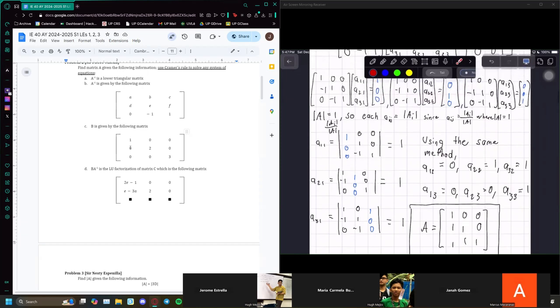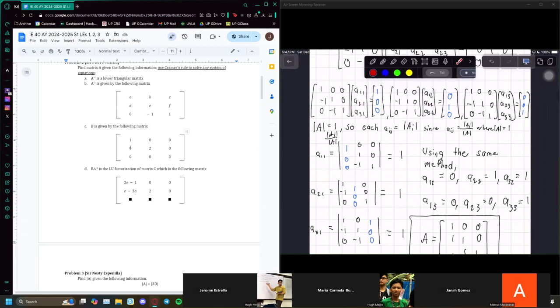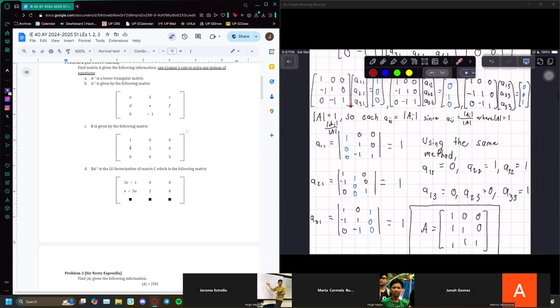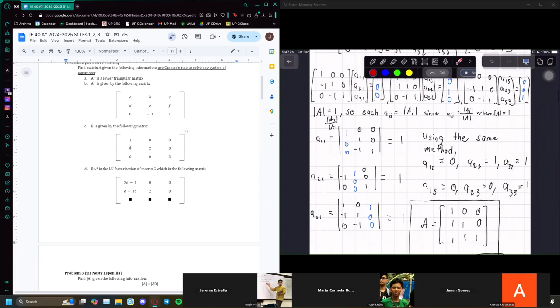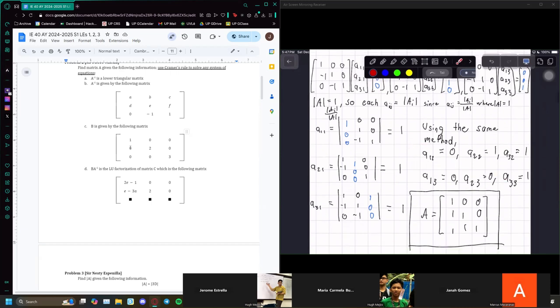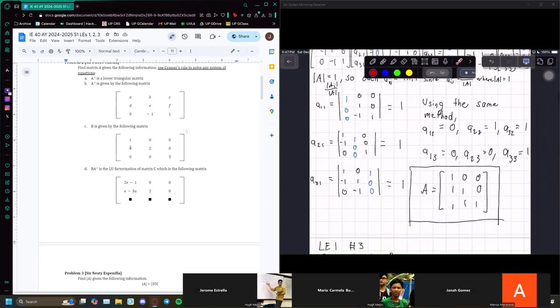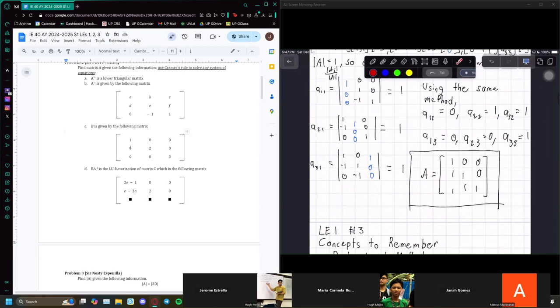And then for the second unknown, you instead replace the second column with this one. And for the third unknown, you replace the third column with this one. Then use the same method to get all of the rest of it. That is left up to practice for the reader. Anyway, then you can get the final matrix A equals this thing.